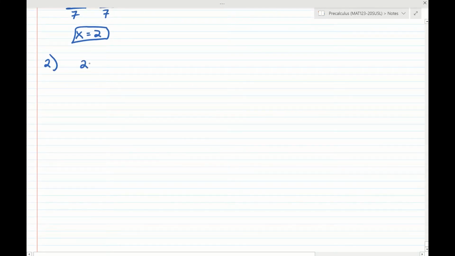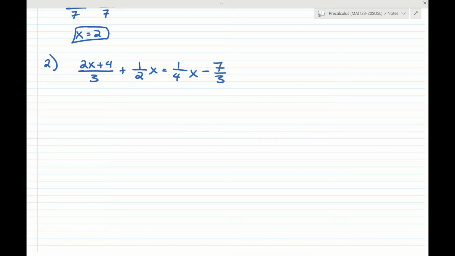It says 2x plus 4 all divided by 3 plus 1 over 2x is equal to 1 over 4x minus 7/3. Alright, now there are a few different ways we could do this. One thing we could do is get a common denominator, combine fractions, and then maybe cross multiply.